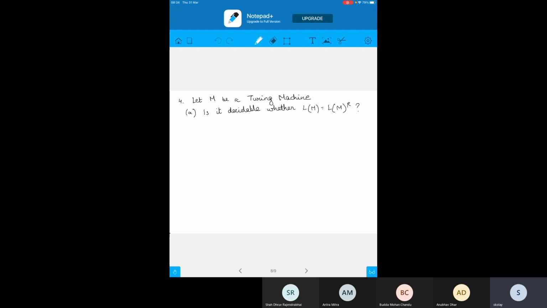Is it decidable whether L(M) is equal to L(M) reverse? So the question is, is it recursive?